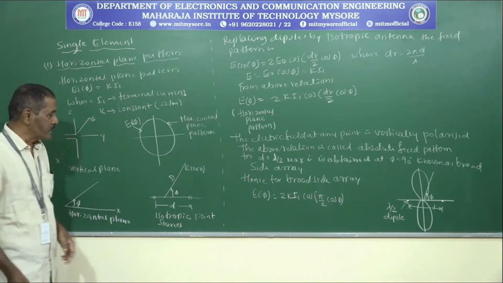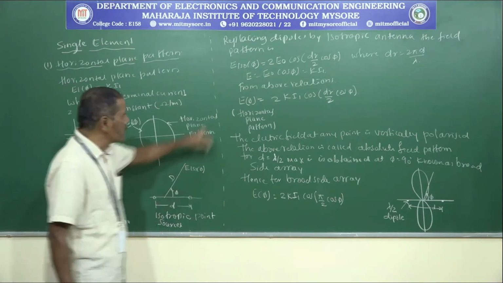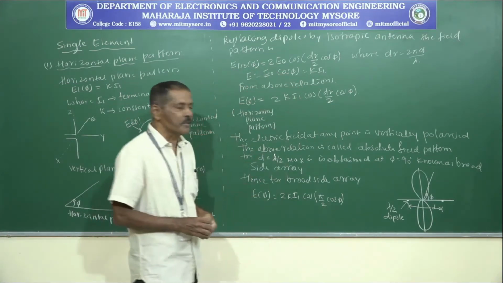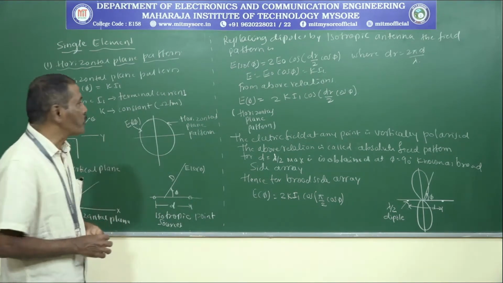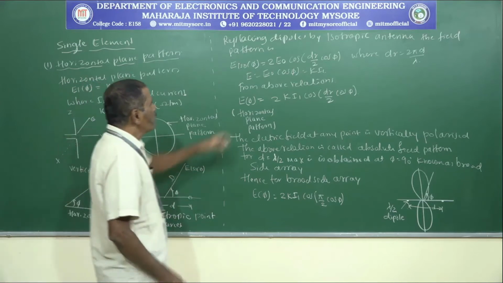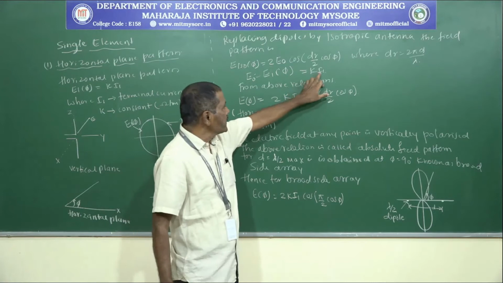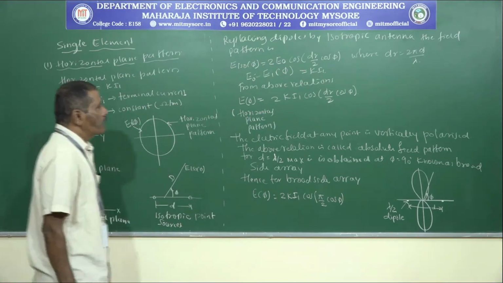That is, replacing the dipole by isotropic antennas. Then when you place two isotropic point sources, the field pattern is given by E_ISO of phi is equal to 2E0 cos of psi by 2 into cos of phi, where psi equal to 2 pi d by lambda. And we know that E0 equal to E1 of phi, so this you can write as K into I1, because E1 of phi equal to K into I1.